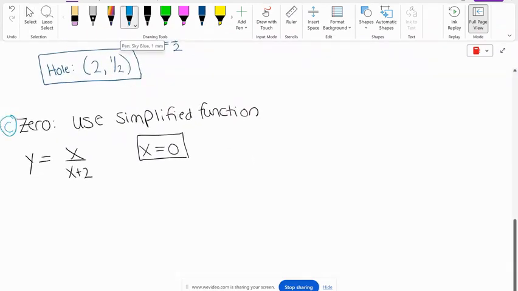Now we're going to talk about horizontal or slant asymptotes. And again, we're going to use the simplified version.